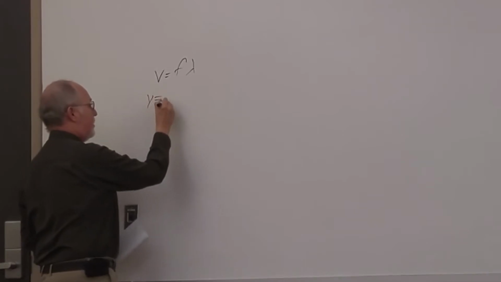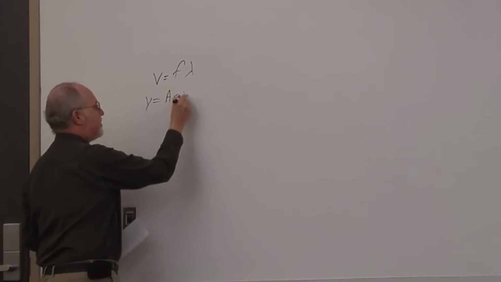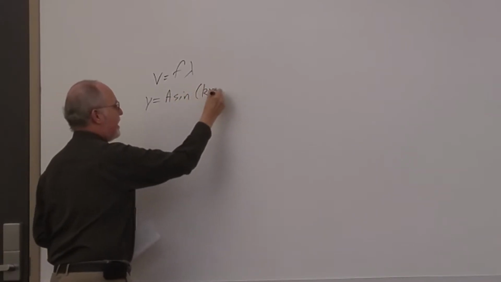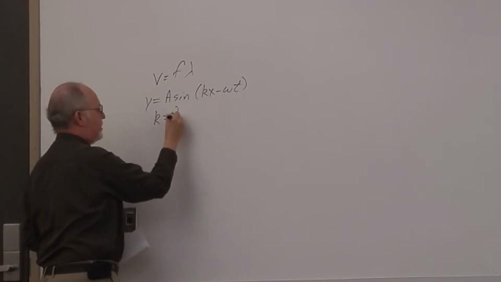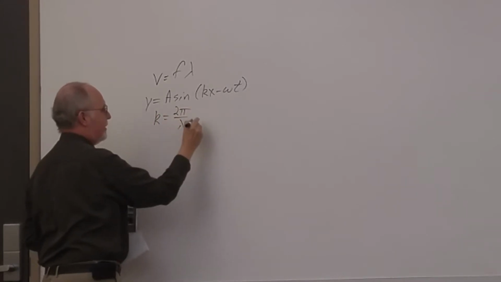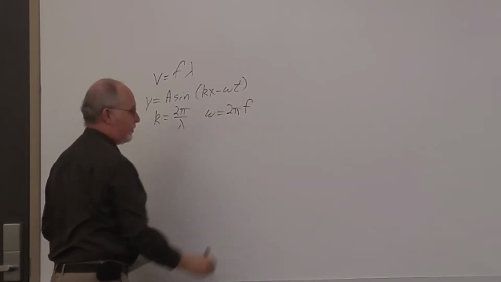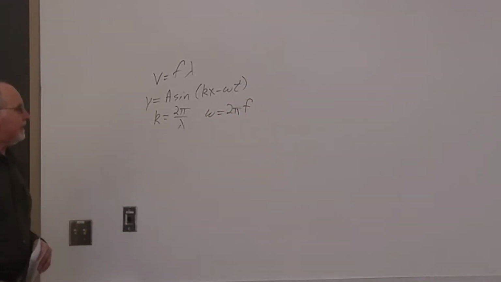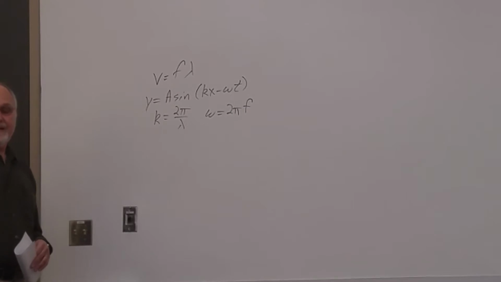That y coordinate would be the maximum amplitude times the sine of (kx minus omega t), where k is 2 pi divided by the wavelength, and omega is 2 pi times the frequency. And if you take omega and divide by k, you end up with f lambda, which would bring you the speed of it. So you had that equation.